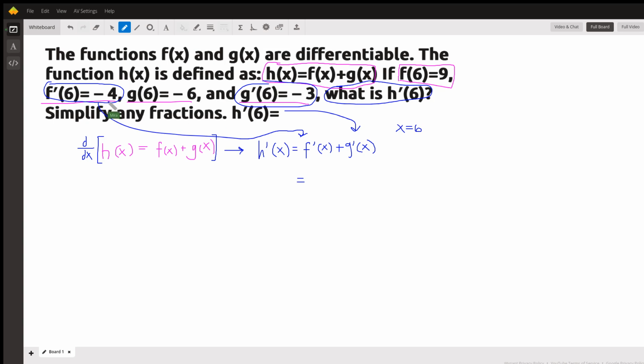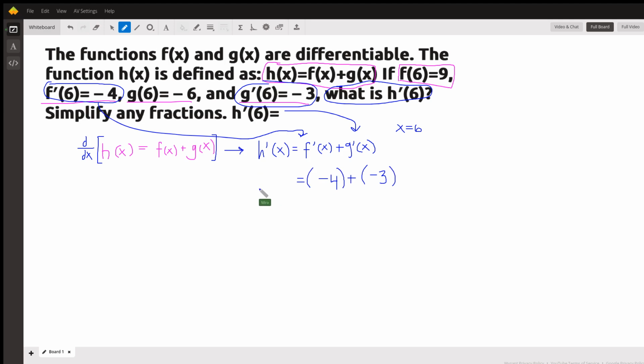So f prime of x, which in this case is 6, is equal to negative 4. G prime of x, which in this case the x is equal to 6, is negative 3. And I'm just going to put parentheses around these just to make it clearer and not confusing.